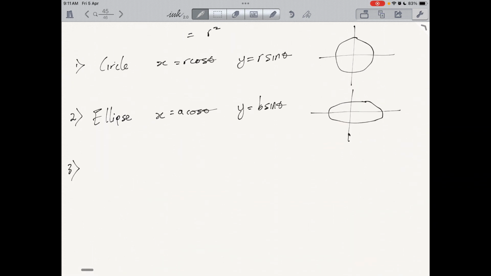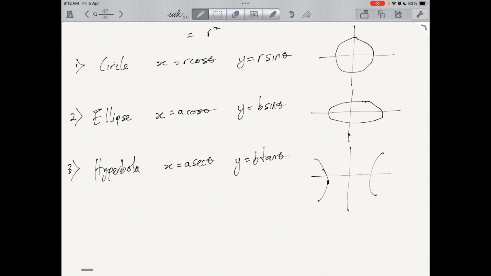Another example of parametric equations is the hyperbola. For the hyperbola, we have x as a sec theta and y as b tan theta. And the hyperbola looks like this. This is the graph of the hyperbola.